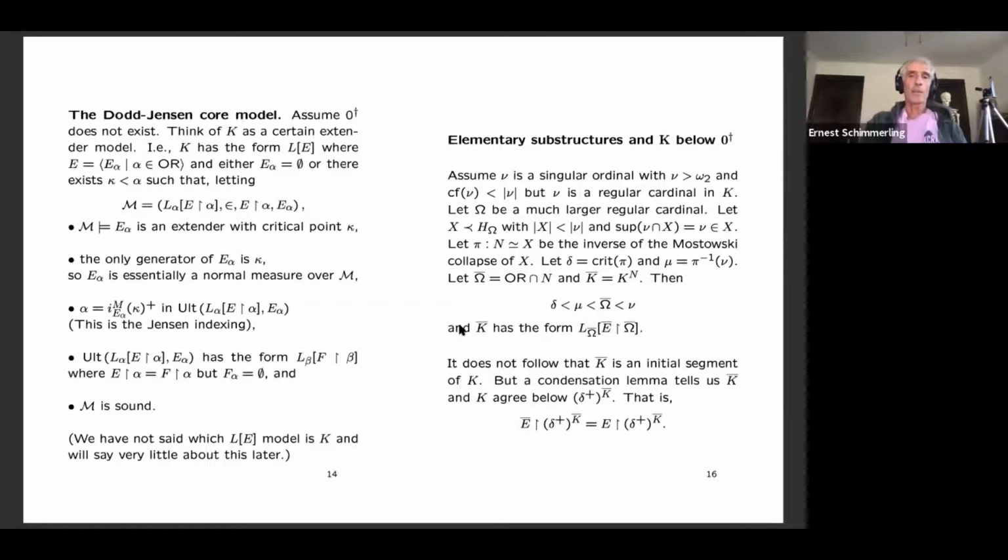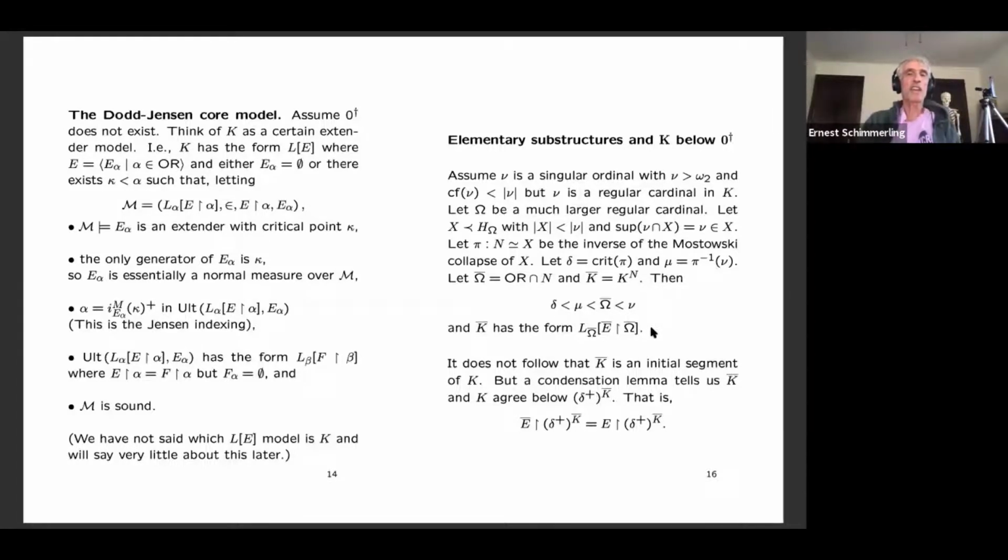And then K bar, without too much trouble, can be seen, you need to know the definitions, but it's an extender model.